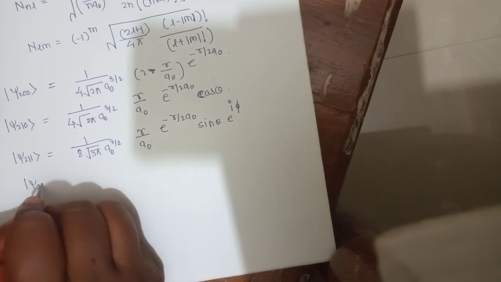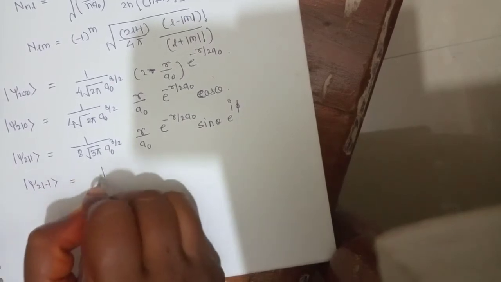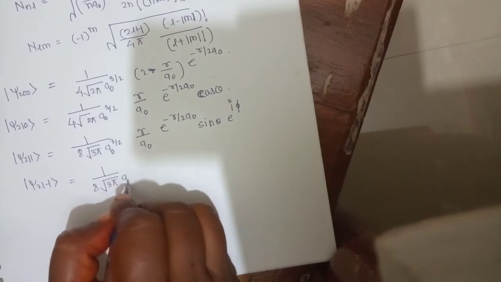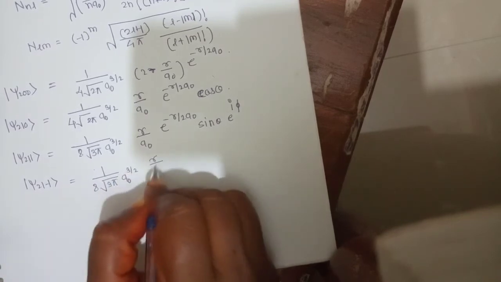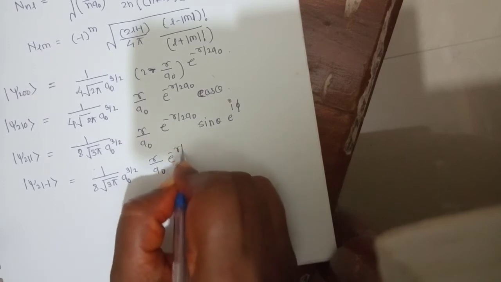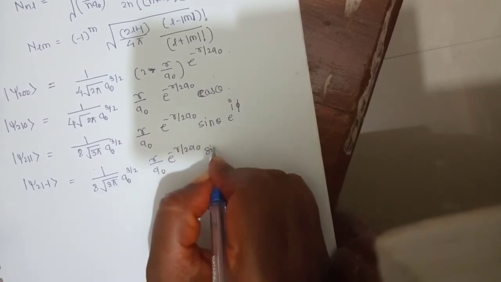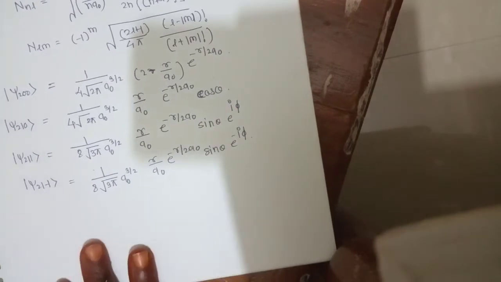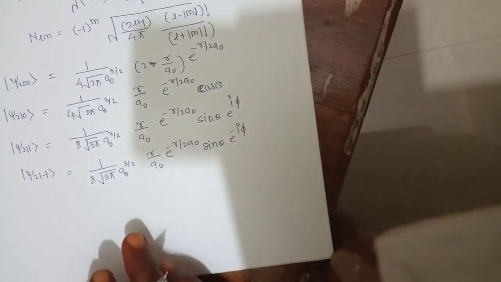Psi 21 minus 1 is the same with sin theta e to the power minus i phi. These are the four wave functions for the first excited state of the hydrogen atom.